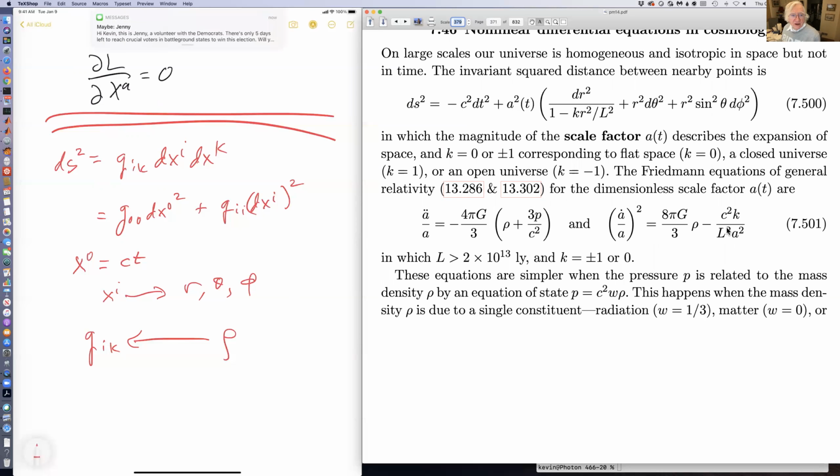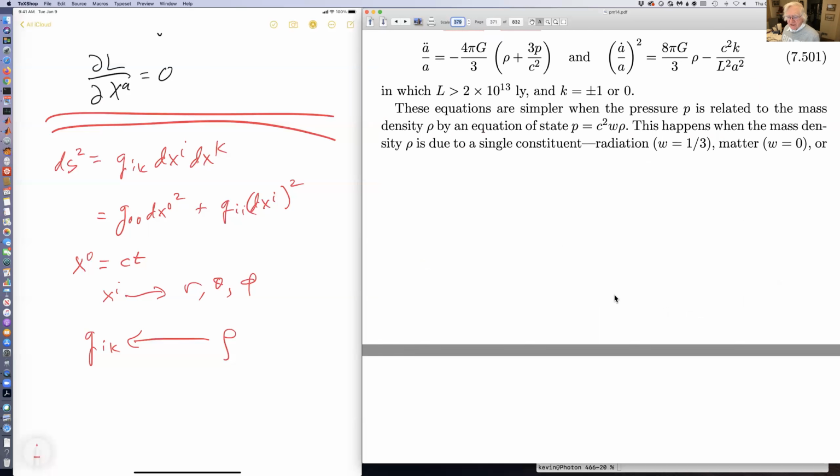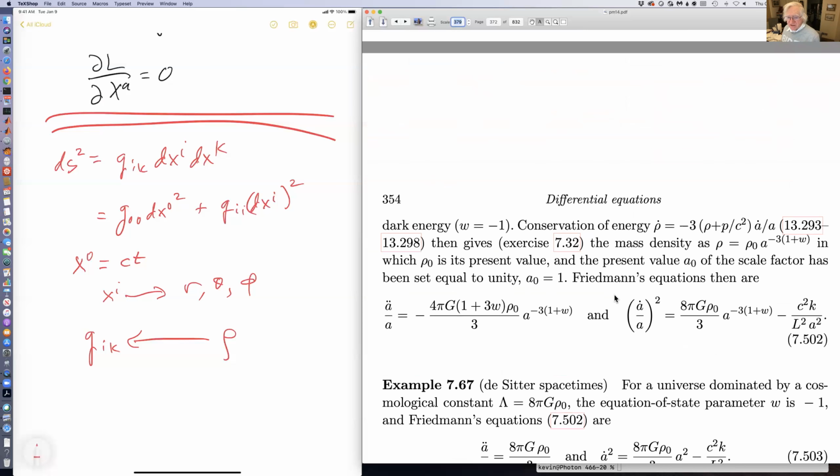And the pressure in turn is related to, in simple theories, if we just have one kind of matter or energy, then rho c squared is the energy density, and the pressure is the energy density times some constant w. So then we get these two equations here.